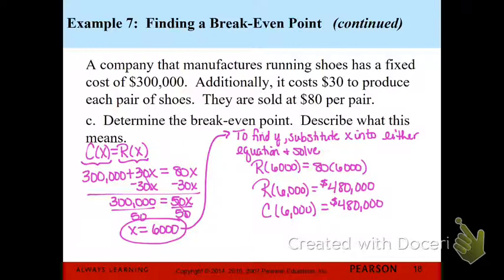Now, it says describe what this means. They put in just as much as they make.